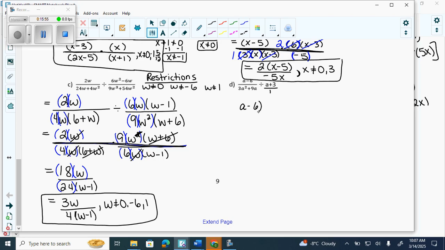A minus 6. The bottom I can take out a 3A. Make sure you have equal signs. Can everyone go check on their paper that they have equal signs running on the left-hand side? Because you should be. They're all equal. So I get 3A, A plus 3. Oh, I haven't erased from that in. So whoops.